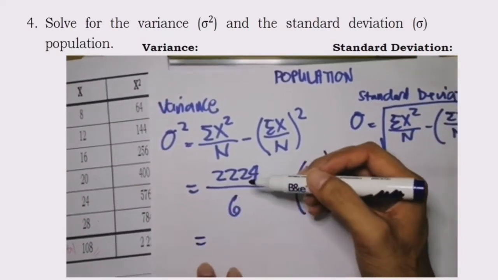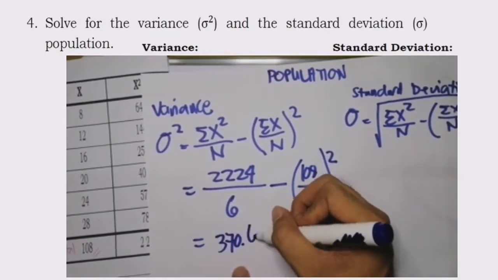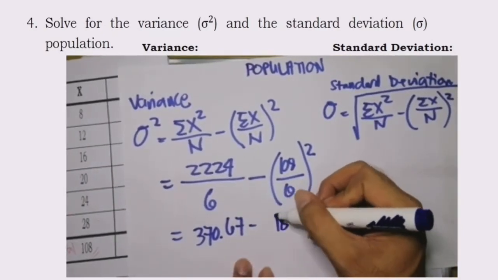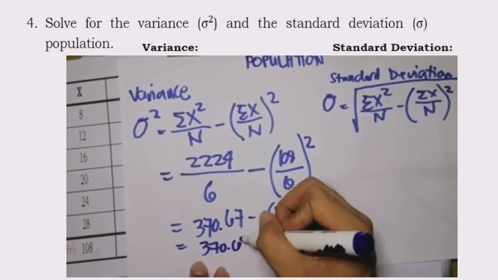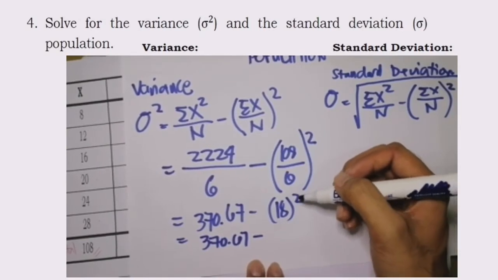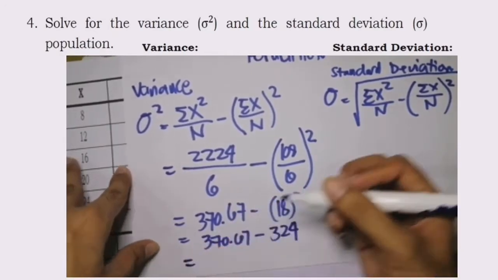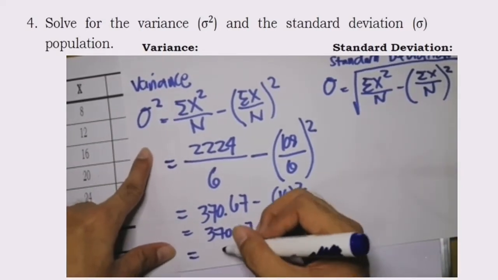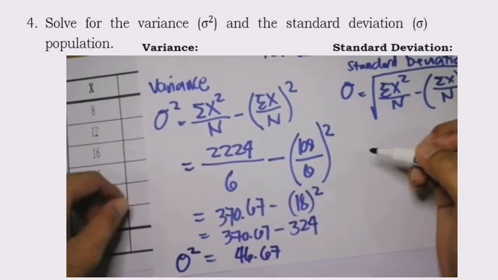So 2224 divided by 6 is 370.67, minus 108 divided by 6, which is 18, squared. 18 squared is 324. So 370.67 minus 324 is 46.67.